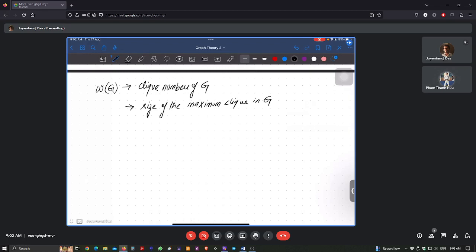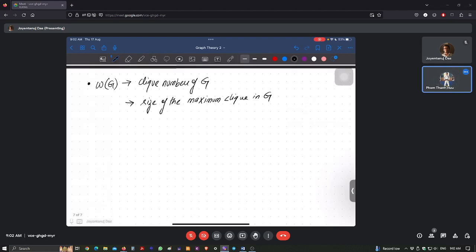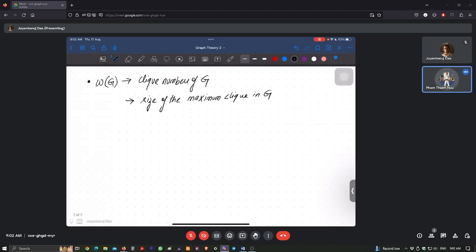The number of vertices in the maximum clique is the clique number, right? So we face two problems: how many cliques are in the given graph, and what is the maximum clique?